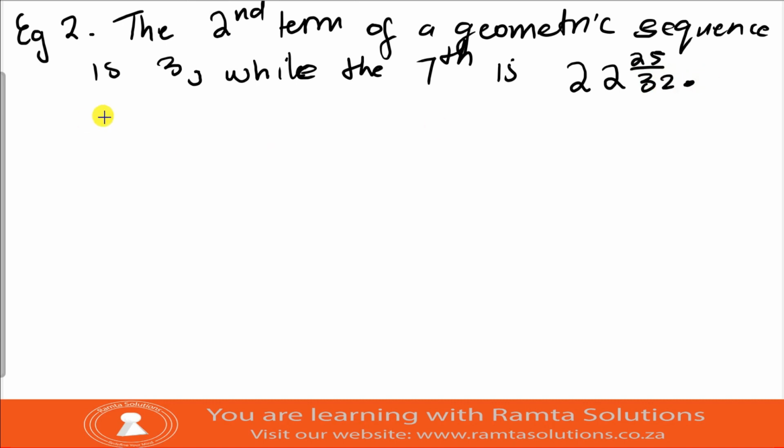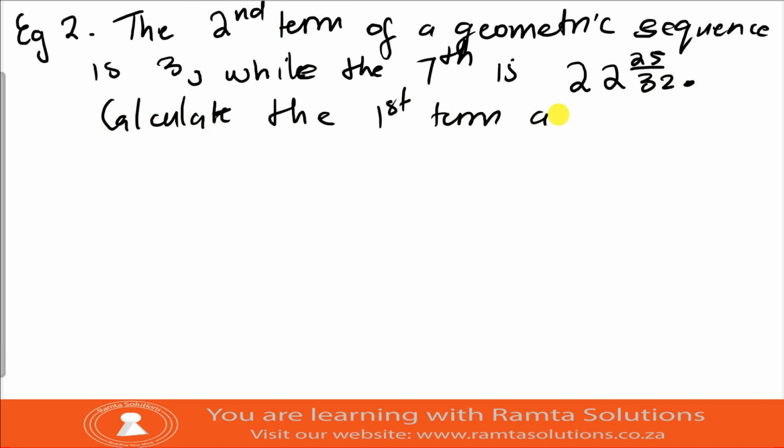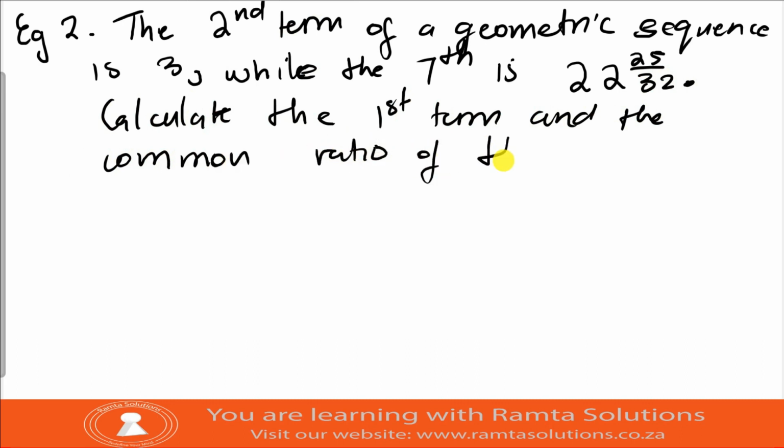Now the question says, calculate the first term and the common ratio of this sequence.